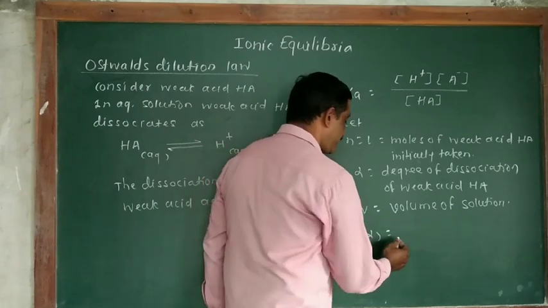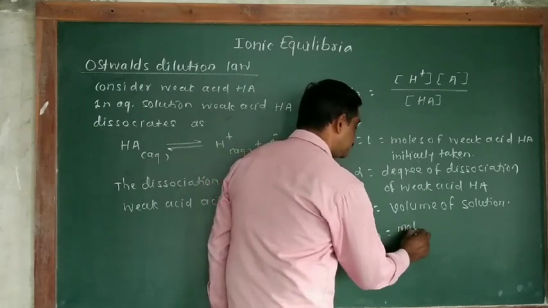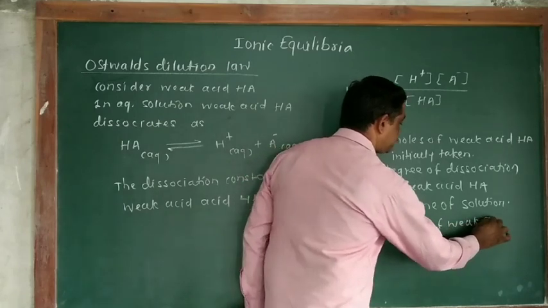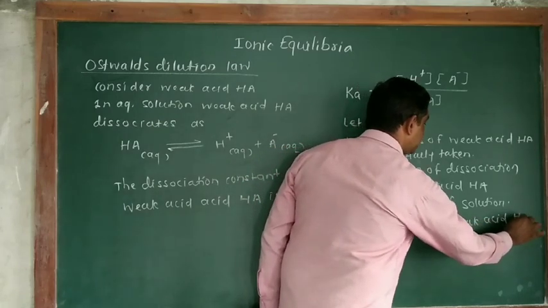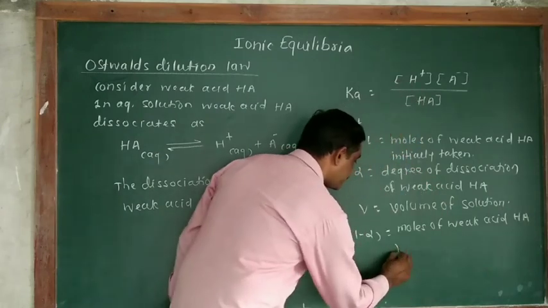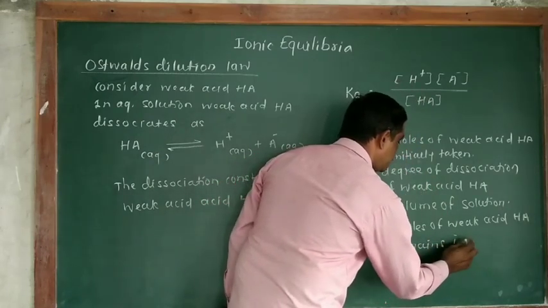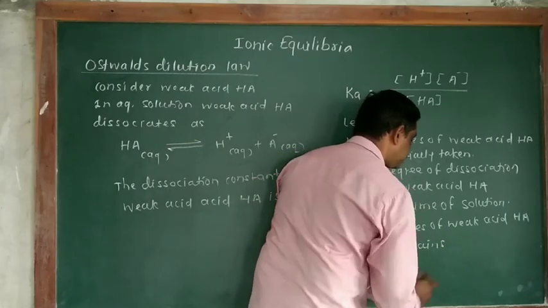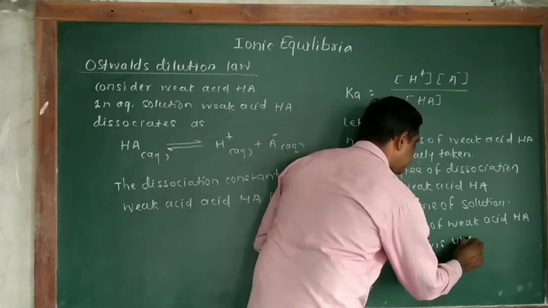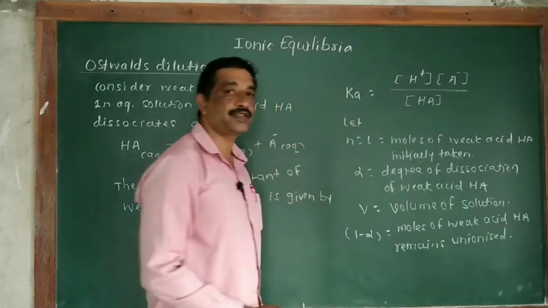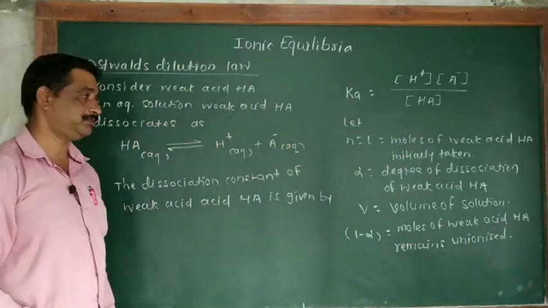So 1 minus alpha is equal to moles of weak acid HA that remain unionized, or they remain in the undissociated form.